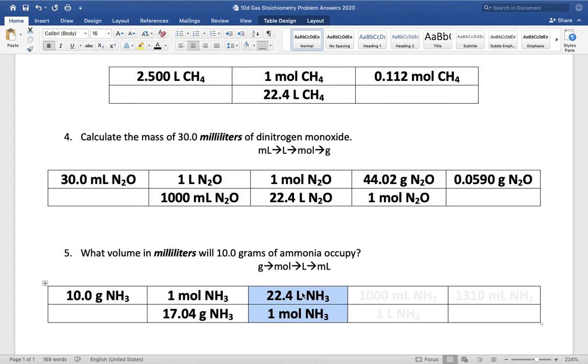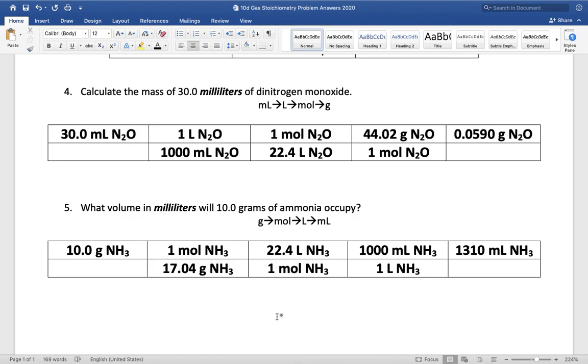That will give me an answer in liters, but I want an answer in milliliters, so I'll have to multiply by 1,000. So calculator use 10.0 divided by 17.04 times 22.4 times 1,000, sig figs matter, gives me a final answer of 1,310 milliliters of ammonia.